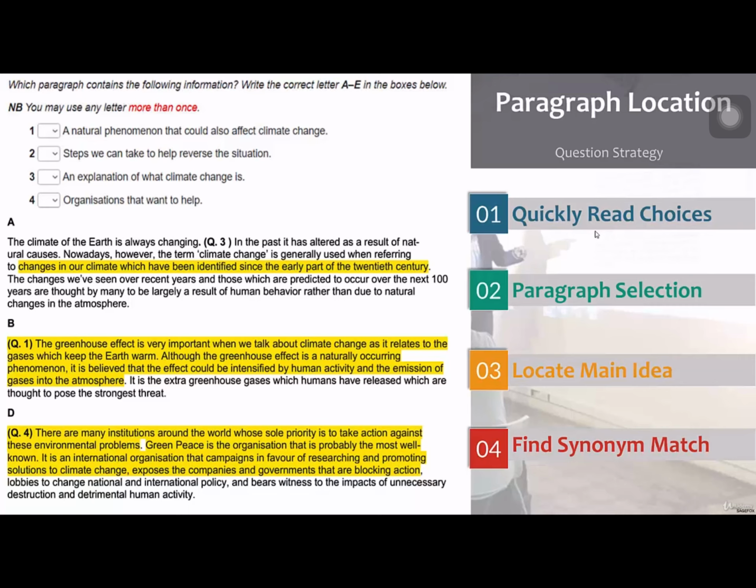Because you could look at numbers 1, 2, 3, and 4, and they can actually be headings for these sections, right? But as I've told you, it's not always that way. The topic sentences are very helpful, but sometimes they'll pull information from the middle of a paragraph, and you need to be aware of that. You must be aware of that.